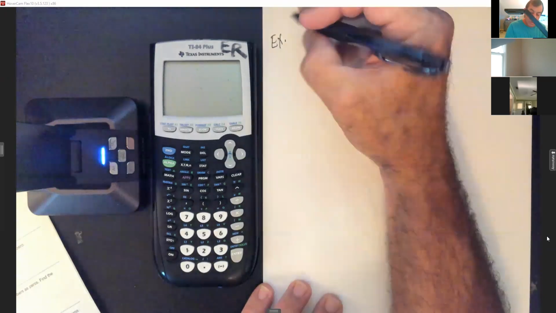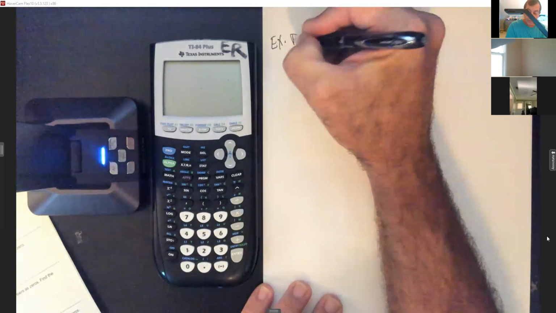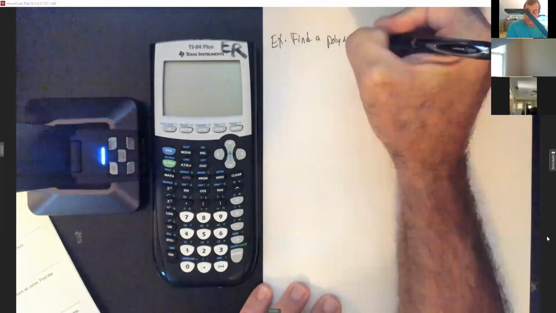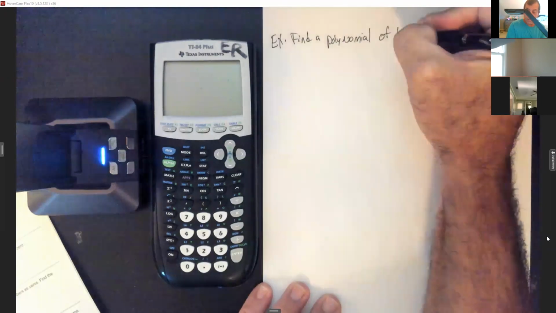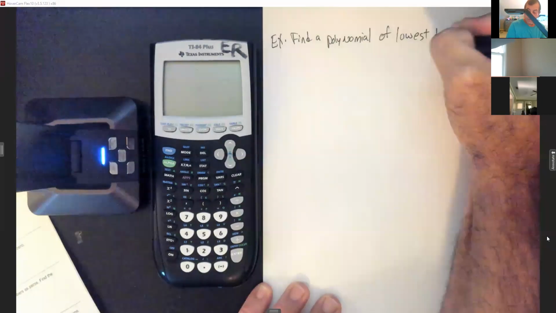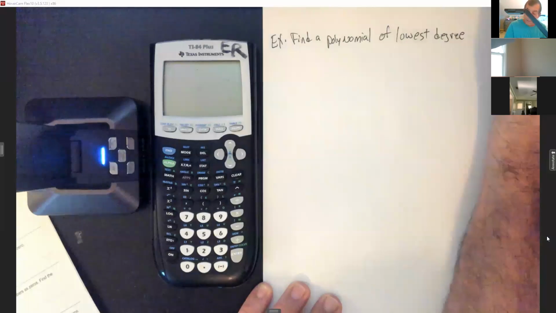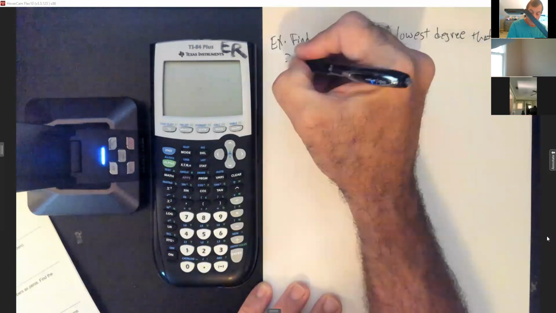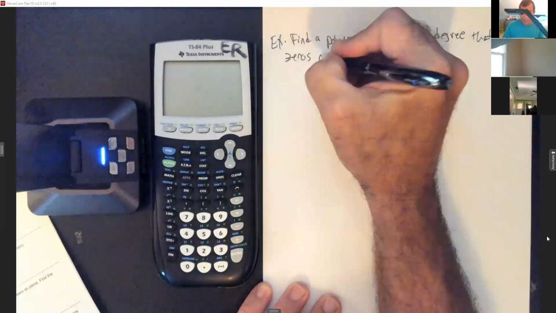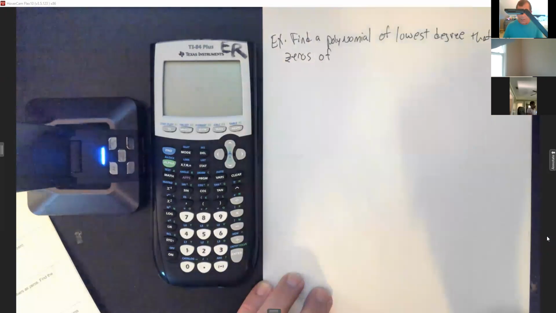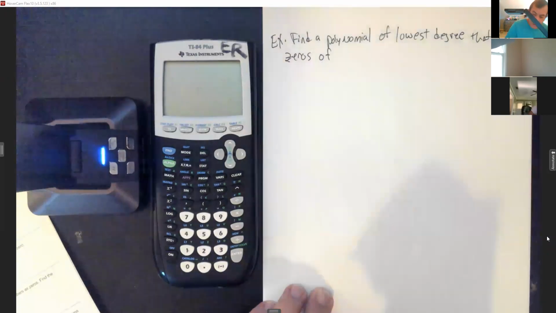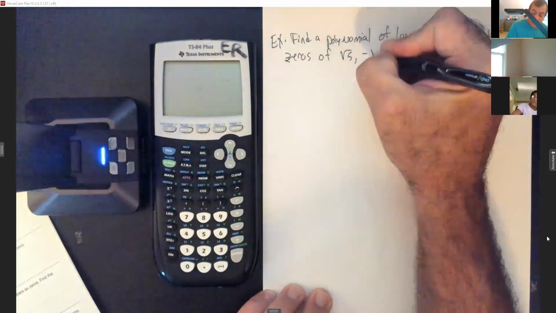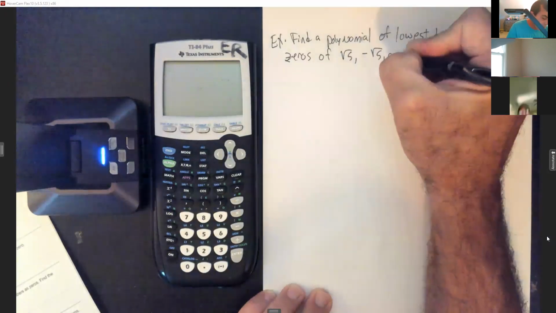So find a polynomial of lowest degree that has zeros of square root of 5, negative square root of 5, and, oh, what was my other one?